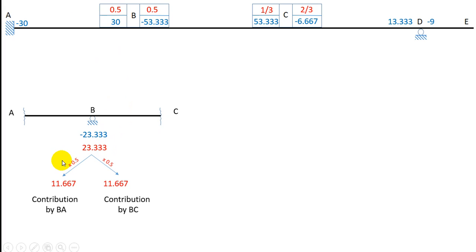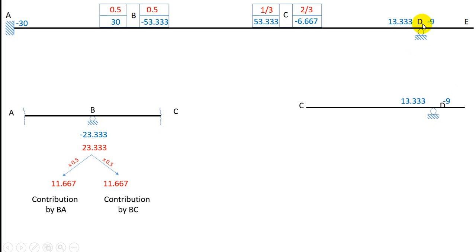I multiply these by the respective distribution factors, and this is the contribution by BA and this is the contribution by BC. I hope the concept of moment distribution is very clear. Now these are the values. These values written in red are what we require for the calculation in moment distribution. Okay, let us move ahead.